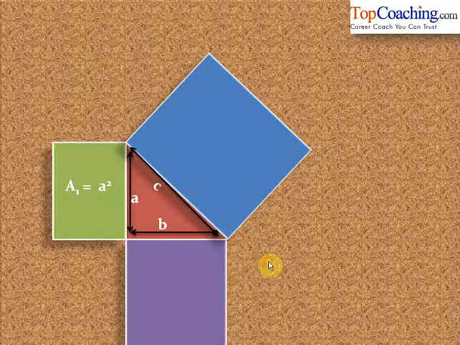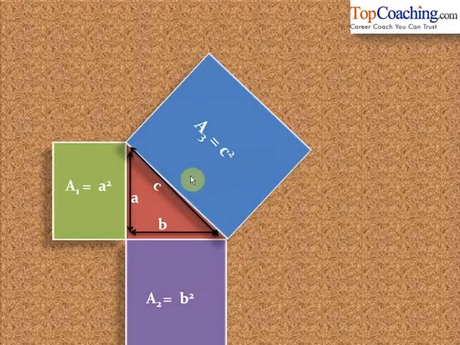Similarly, the area of the square constructed on the side B would be A2, equal to B square. And the area of the square on the side C would be equal to C square.